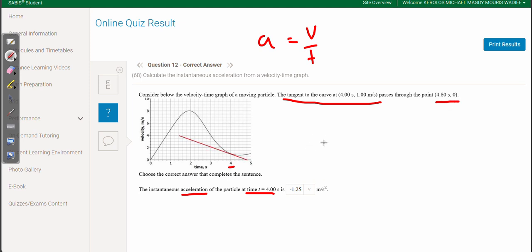We do the same thing. Slope: y2 minus y1, 0 minus 1, over x2 minus x1, 4.8 minus 4. Plug that in your calculator. I'll get negative 5 over 4, which is the same as negative 1.25.